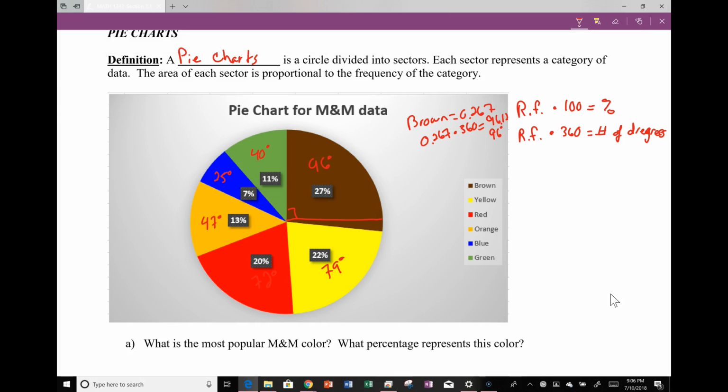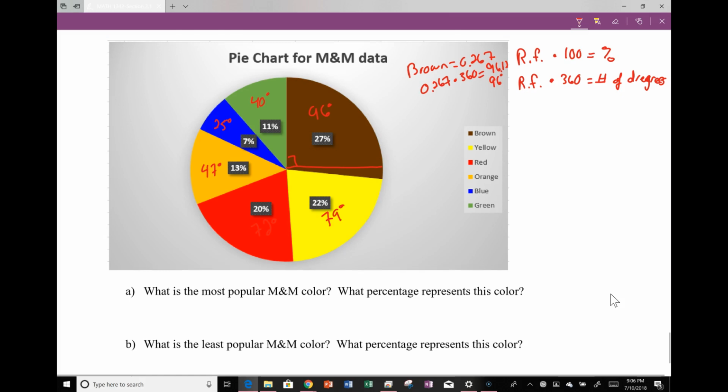Most of the time what we want to do is take a pie chart and interpret it. So if I look at this pie chart, what is the most popular M&M color?